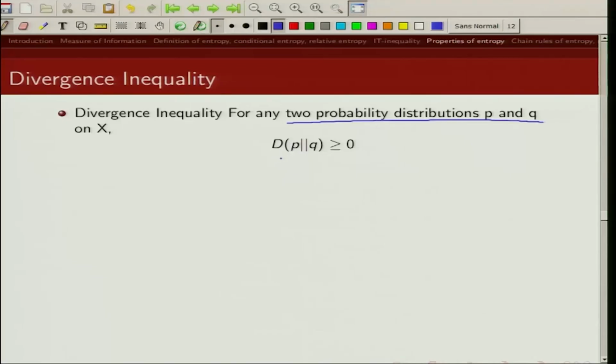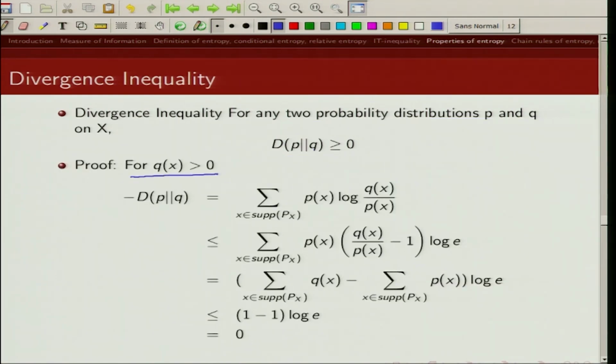So divergence is in some sense a measure of closeness between two distributions. If p is very close to q, the value of divergence will be close to 0, otherwise, if p is substantially different from q, divergence will be large.